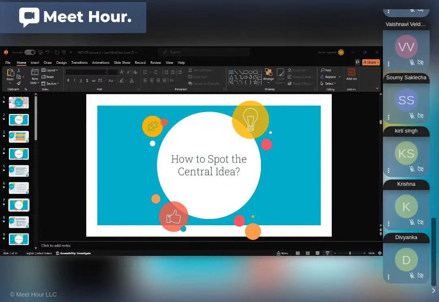The reason is that whenever authors are writing a critically analytical passage, which is usually the kind asked in CR papers or CR sectionals, they take a nuanced, balanced position. We discussed this in the last lesson as well, when we talked about counter premises.